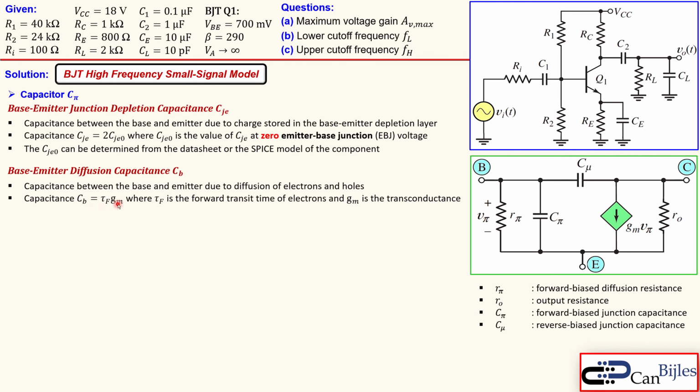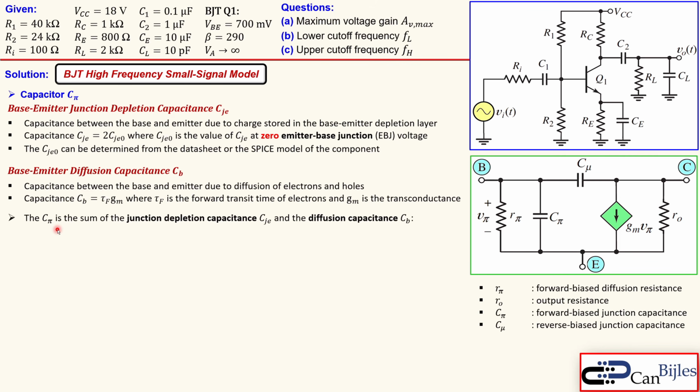So if you know both of them, this tau f is from the SPICE model, and GM is, of course, from your specifications and from your circuit, then you can use this simple formula to calculate your diffusion capacitance, CB. And this capacitance is, again, between the base and the emitter due to diffusion of electrons and holes.